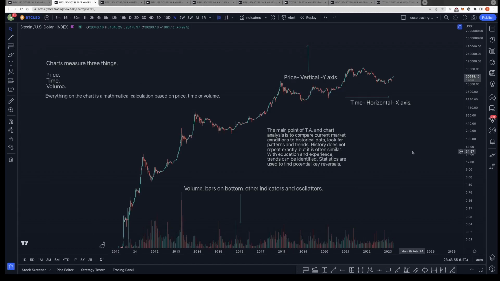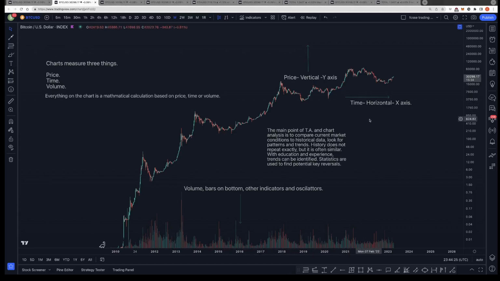Everything else is pretty much extracted from that information, those calculations, all the indicators, all the oscillators, all the moving averages. Pretty much everything is just mathematical derivatives of those three things. So once you understand that, and this is the starting point, this is where it all comes from, that makes things a little more clear.